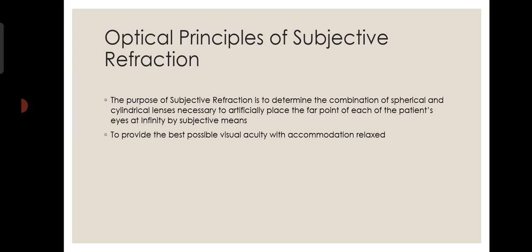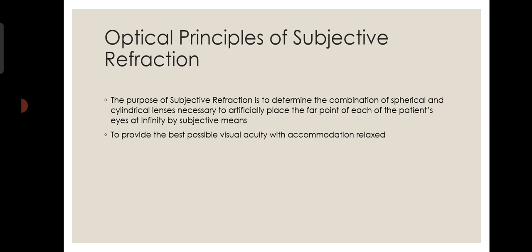Now, coming to the principle of subjective refraction, the purpose of subjective refraction is to determine the combination of spherical and cylindrical lenses necessary to artificially place the far point of each of the patient's eyes at infinity by subjective means.